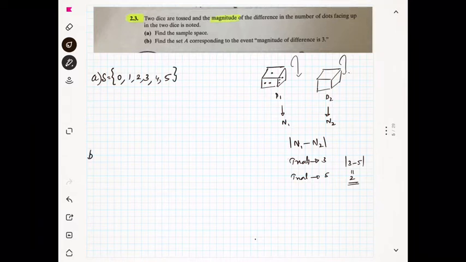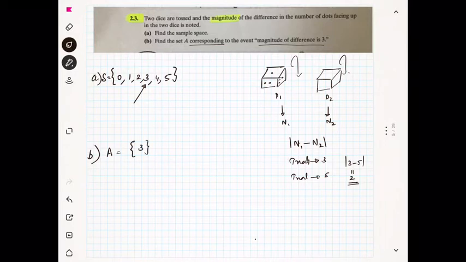Then we have the second part: find the set corresponding to the event that the magnitude of the difference is 3. There is only one set for this, set A, which is nothing but the magnitude of the difference is 3.